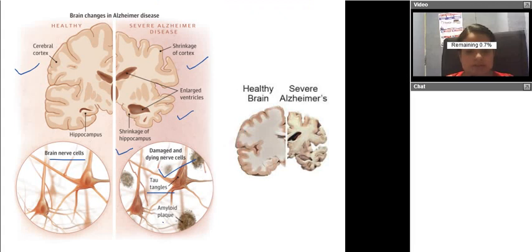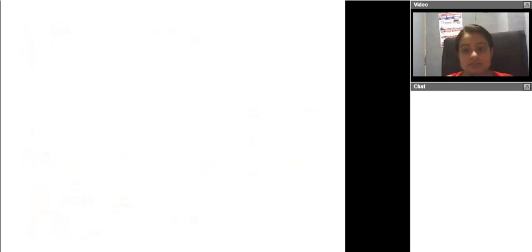Amyloid plaques in Alzheimer patients. So we can clearly demarcate the difference between a healthy brain and an Alzheimer's brain.